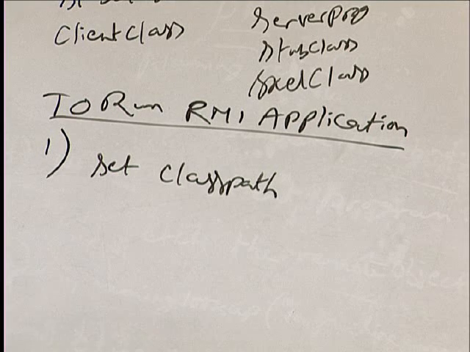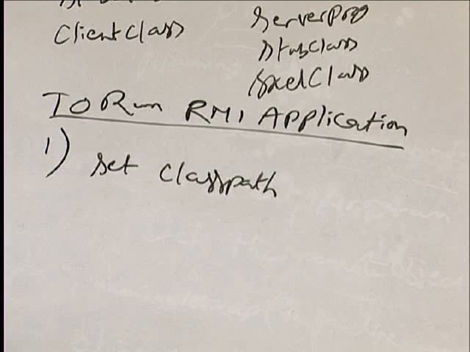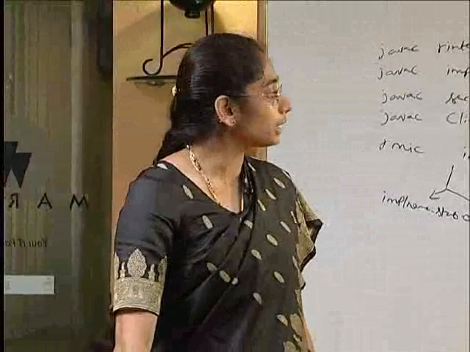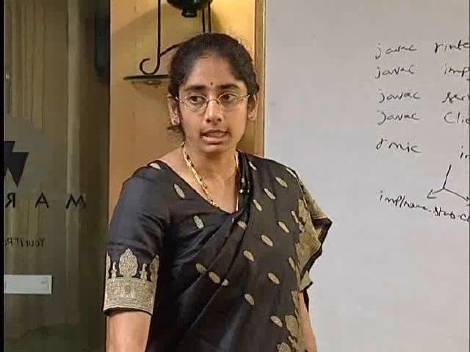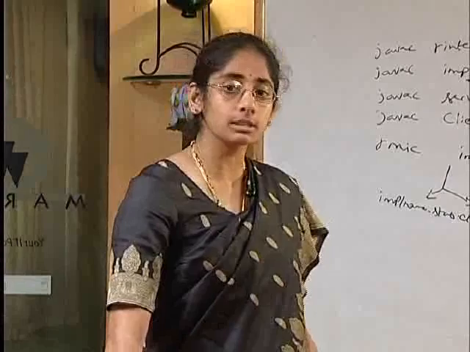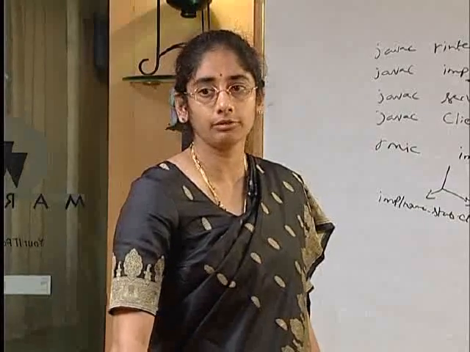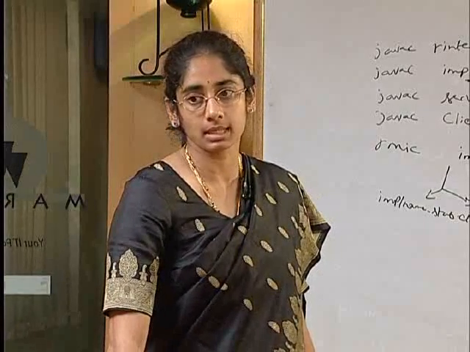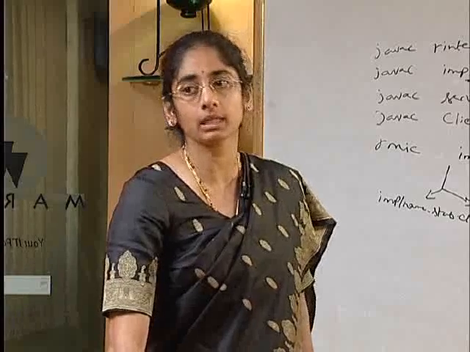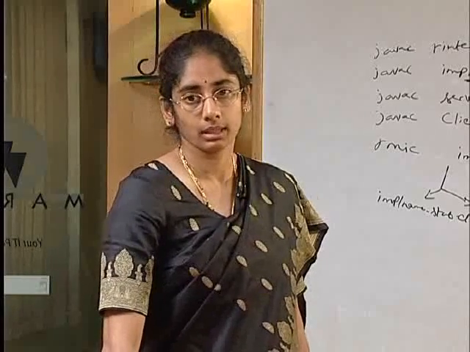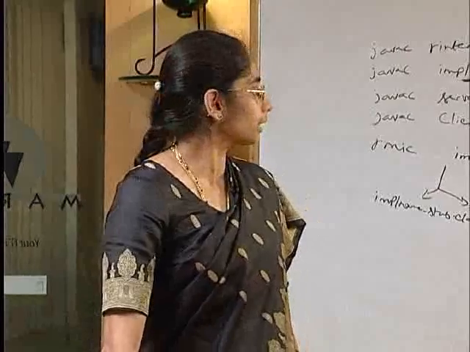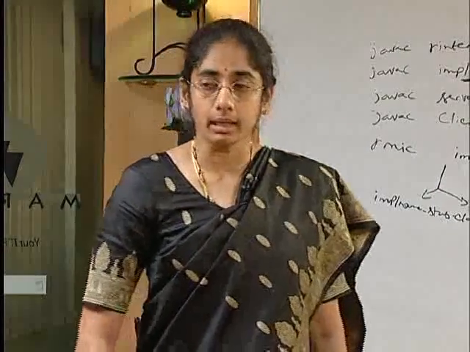Because when the server calls bind or rebind passing the remote object, it needs to serialize the stub class object and send it across. So it needs to know where the stub class is, and the RMI registry also, since it is going to hold the stub object as a reference, needs to know where the stub class is. Otherwise, while running the server, we get an RMI exception. When we set a class path for RMI, it must be an absolute class path, it cannot be a relative class path.